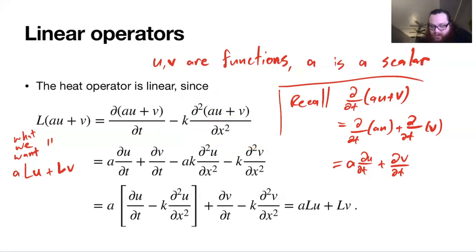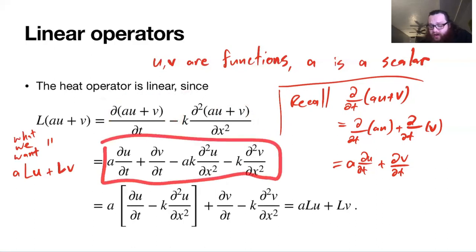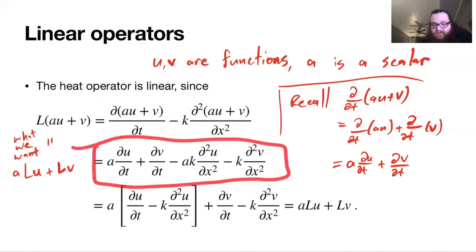Okay. And so keep in mind, we have a sum in here, but then we're distributing this minus sign to each of those pieces. So what we've done is take this expression that we care about, write out the definition of it, and then use linearity of two of the pieces to write out all of this.